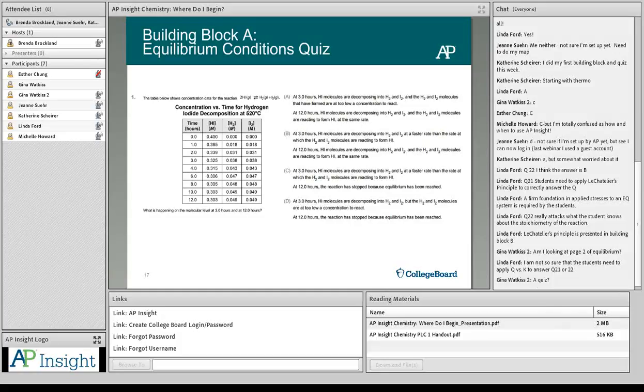All right, so as you look at this first question, here's your quiz. What letter would you give it? And again, you can type in the chat box if you prefer. At 12, you reached equilibrium.